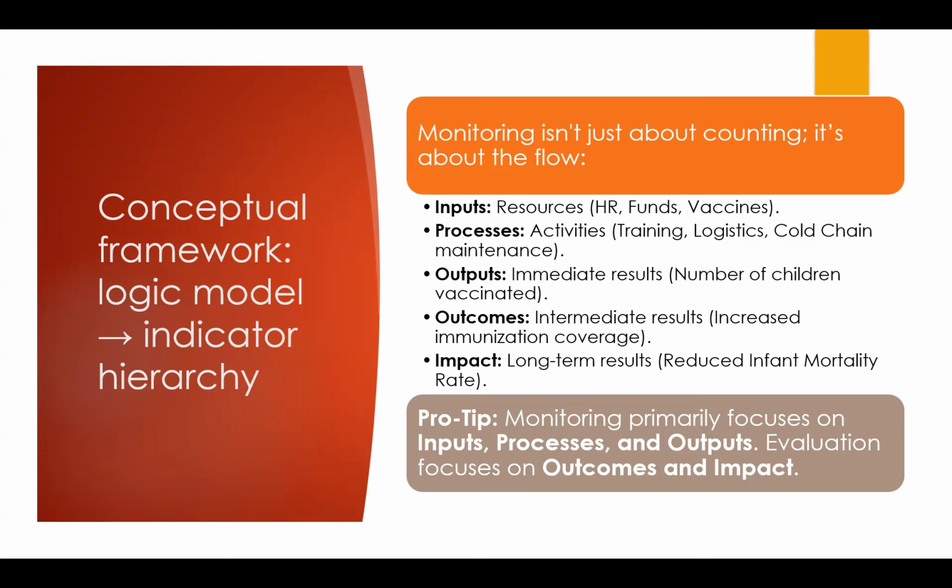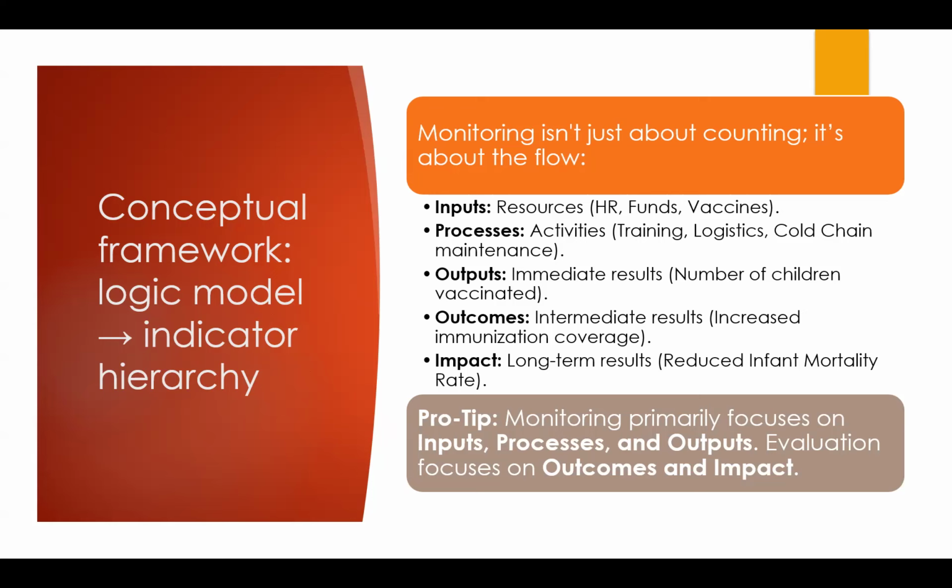Number of children vaccinated will be the output. Then we have outcomes, which are the intermediate results, like increased immunization coverage. Then we have impact, long term results, reduced infant mortality rate, for example.